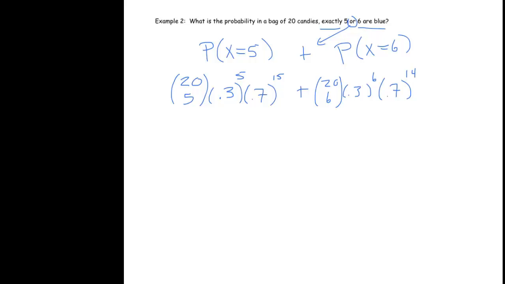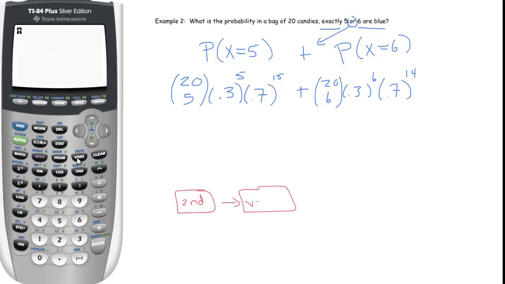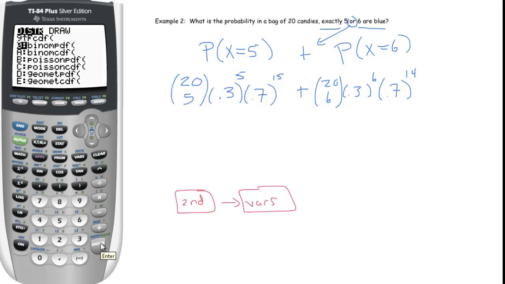So this time I don't want to actually put this in the calculator this way, because there are too many buttons to press. What you can do is go to second VARS, which will get you to the distribution button, and then go down to the one that says Binomial PDF.